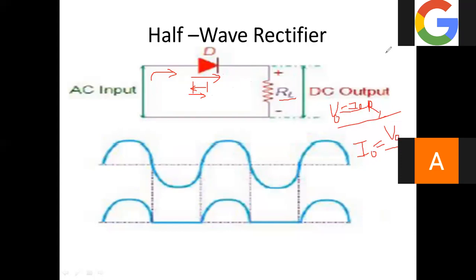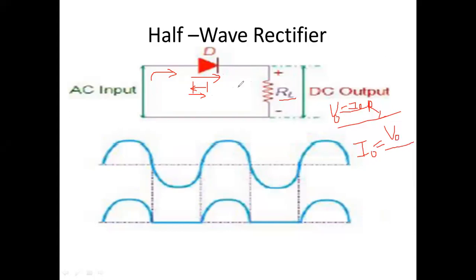So at the initial condition, some resistance is there. That resistance we are going to call RF, the rectification resistance. So I naught equal to RF plus RL here now.